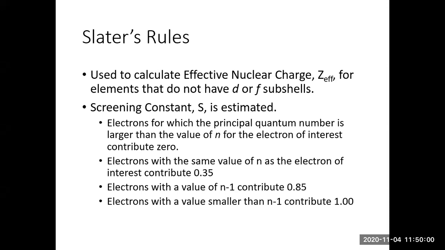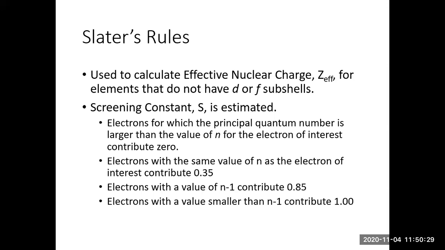So electrons with the same value of n, remember once again, n is the principal quantum number, the same value of n as the electron of interest, contribute 0.35. Electrons with a value of n minus 1 contribute 0.85, and then electrons with a value smaller than n minus 1 contribute 1.